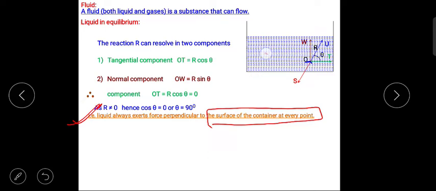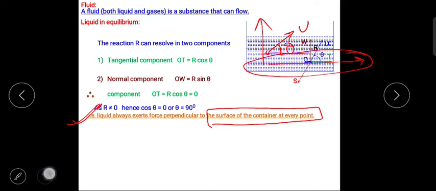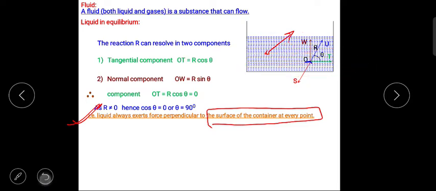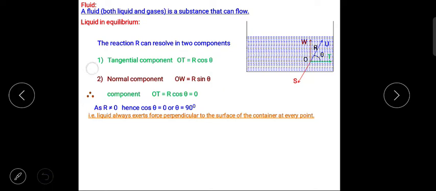Suppose you take another point: if I get a reaction force in this direction, it will again be resolved into R cos theta and R sin theta, which means that if the liquid is at rest, it will not exert any pressure in the horizontal direction. This is the proof that it has a tangential and a normal component, and the tangential component depends upon R cos theta, where theta is 90 degrees.